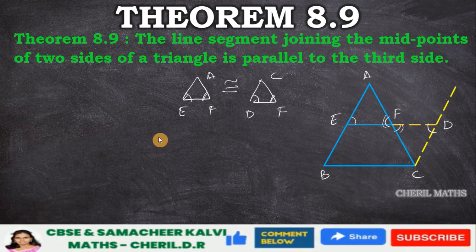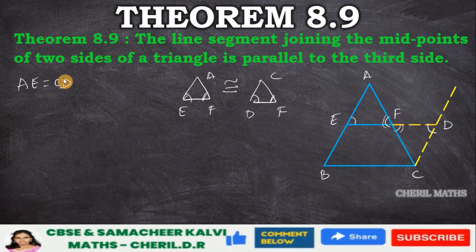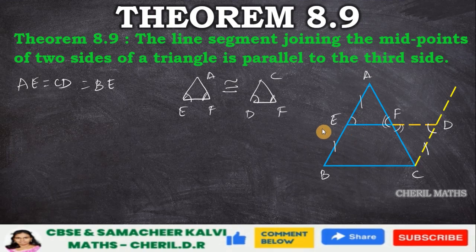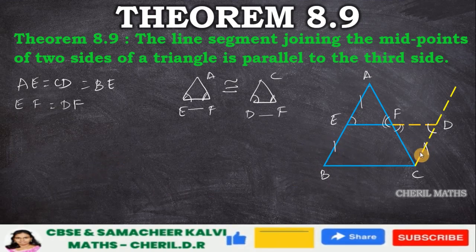If they are congruent, the sides are also equal. So your AE is equal to CD. AE is equal to CD means we also know AE is equal to BE. Clear? Yes. Likewise, we know that when these two are congruent, EF is also equal to DF. So with this, we are able to say that these two are parallel also.